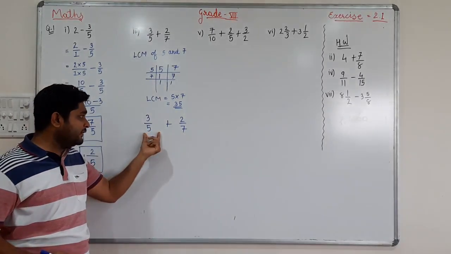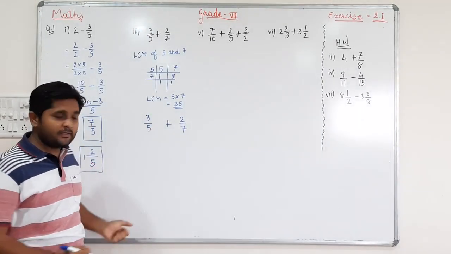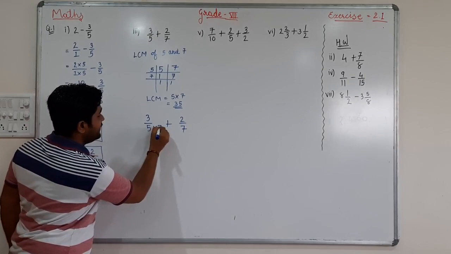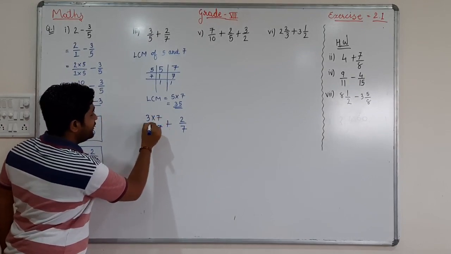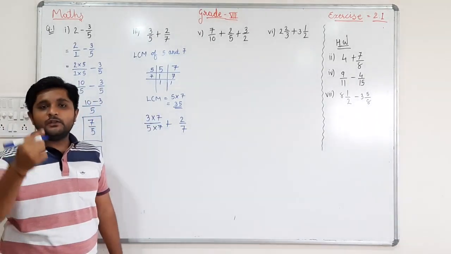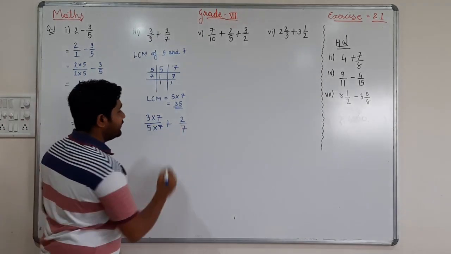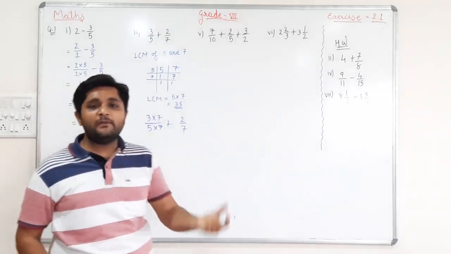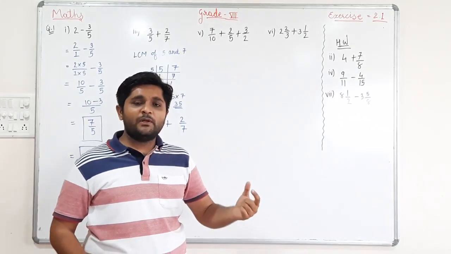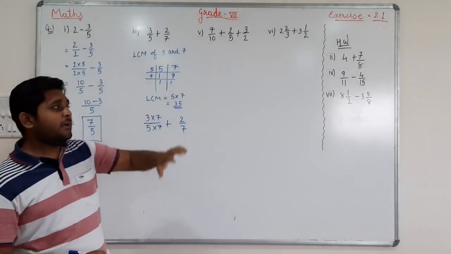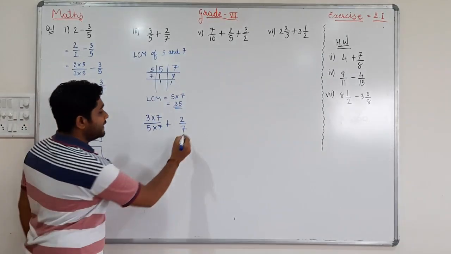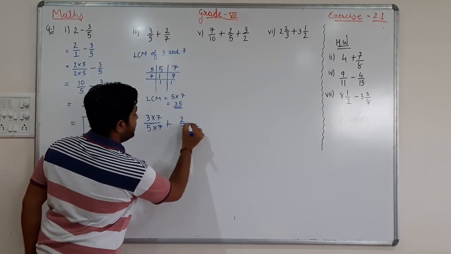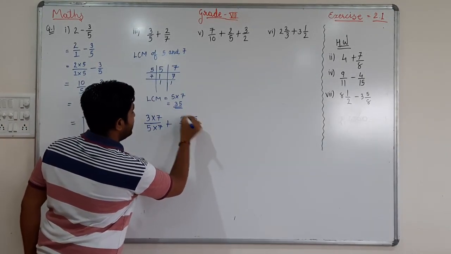The same operation we have to do with the numerator. And here we want 35, so 7 is present over here. 7 multiplied by 5 is 35, right? So same operation with the numerator: 7 multiplied by 5 and the numerator 2 multiplied by 5.